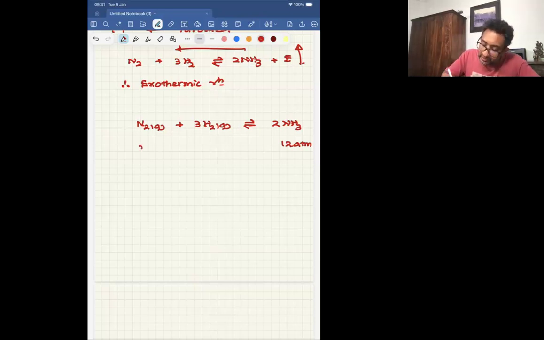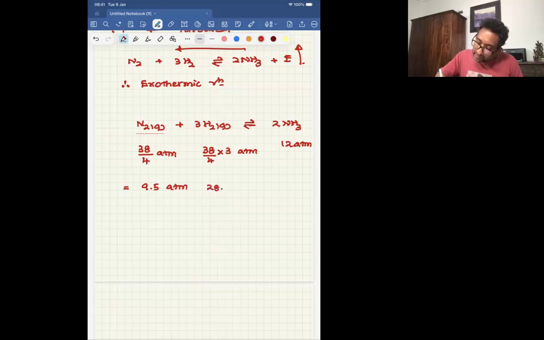Out of 38, nitrogen is 38 divided by 4, which is 9.5, and hydrogen is 38 divided by 4 multiplied by 3, which is 28.5 atm. And ammonia is 12.